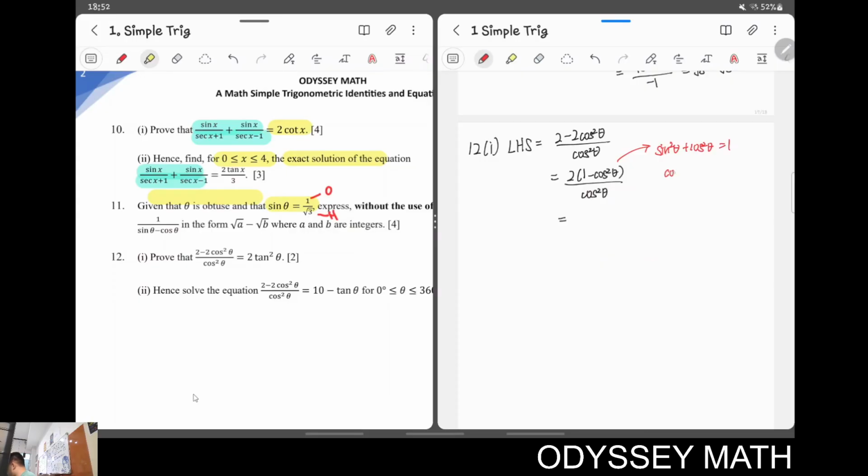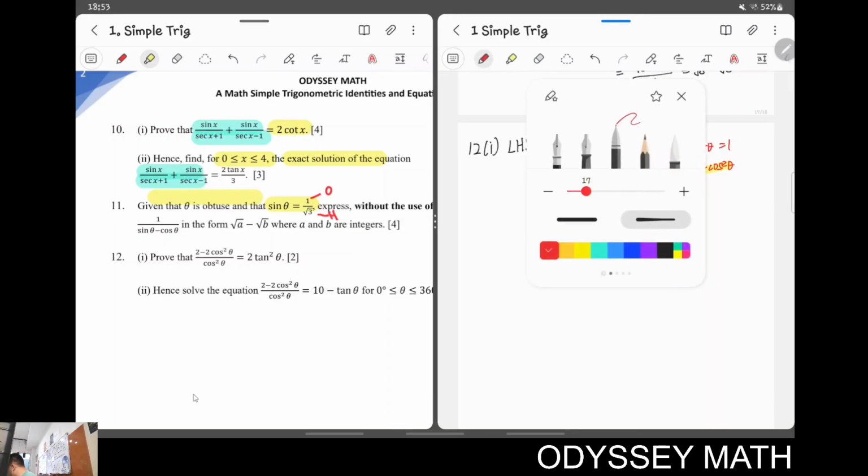So sine squared theta equals 1 minus cosine squared theta. So we replace 1 minus cosine squared theta with sine squared theta. So we have 2 sine squared theta over cosine squared theta, which equals 2 tangent squared theta, which is RHS. Proved. Got it?